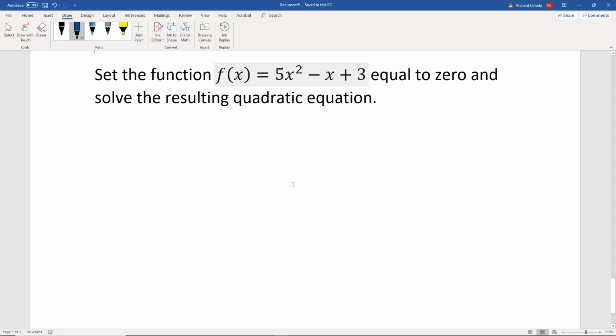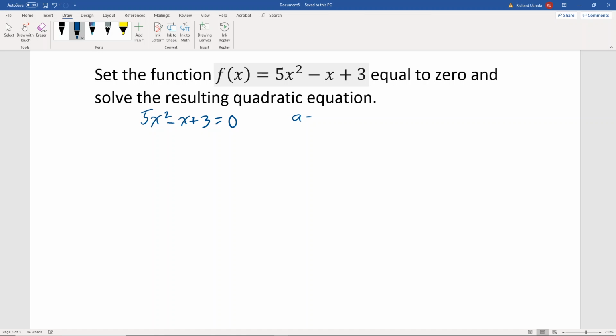Now, let's do one more example, and it's going to be a special case. So let's set the function f of x equals 5x squared minus x plus 3 equal to 0 and solve the resulting quadratic equation. So again, if finding our x-intercepts, we'd set our function equal to 0. And then this is not easily factorable, so we think, okay, let's try to use the quadratic formula.